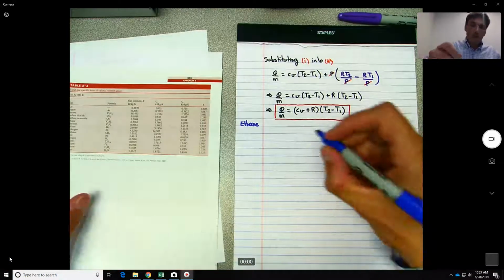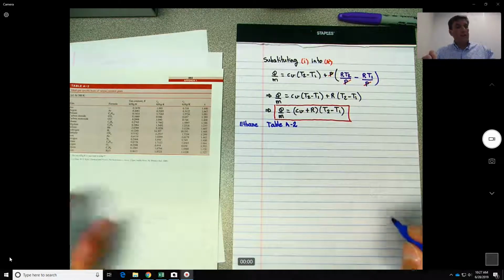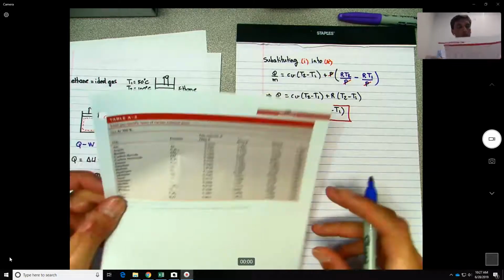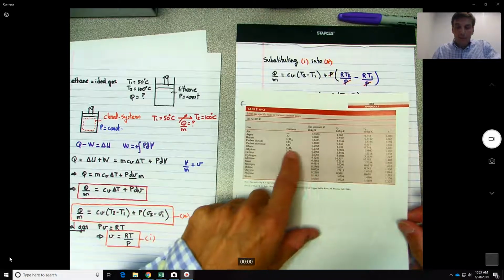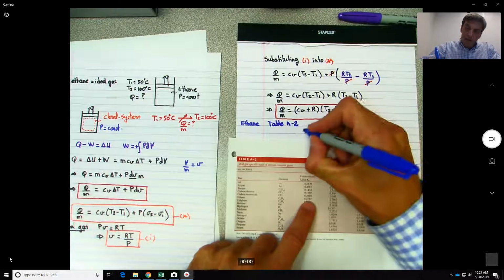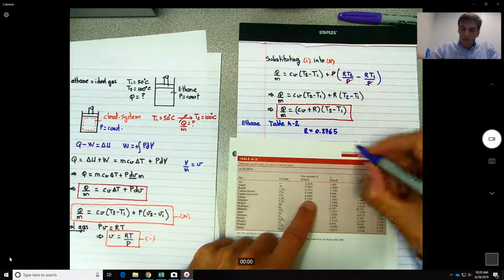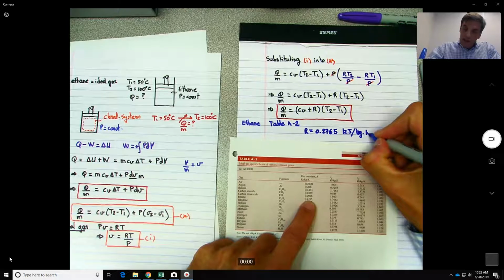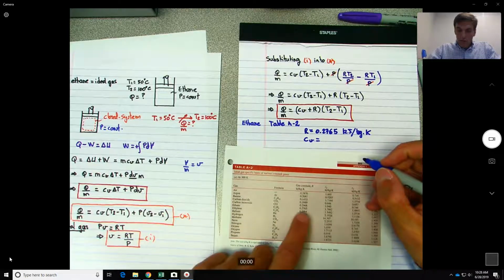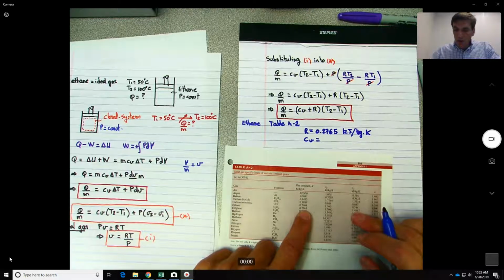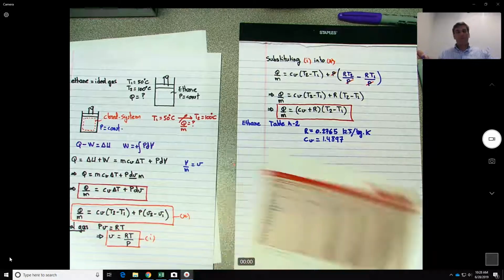So from table A2, which in the Cengel textbook is on page 883, you see that for the ethane, so the R constant is 0.2765 kilojoules per kilogram Kelvin, and you see that the Cv is equal to 1.4897.